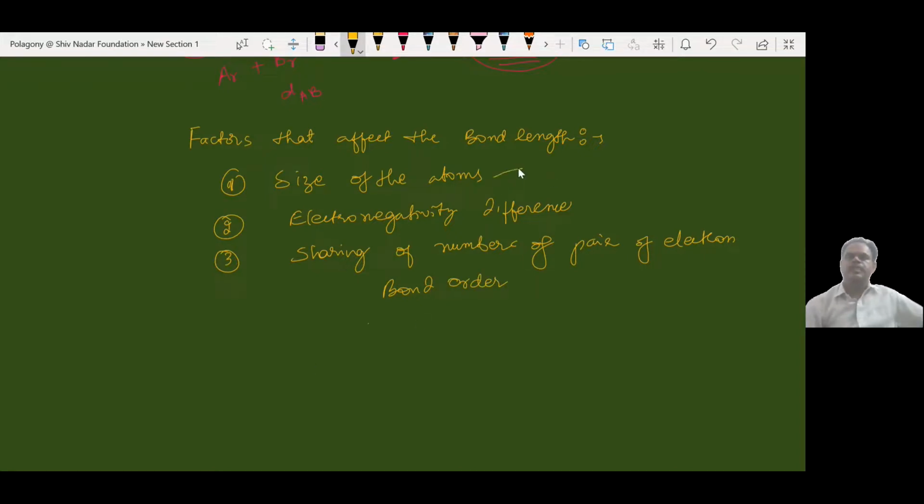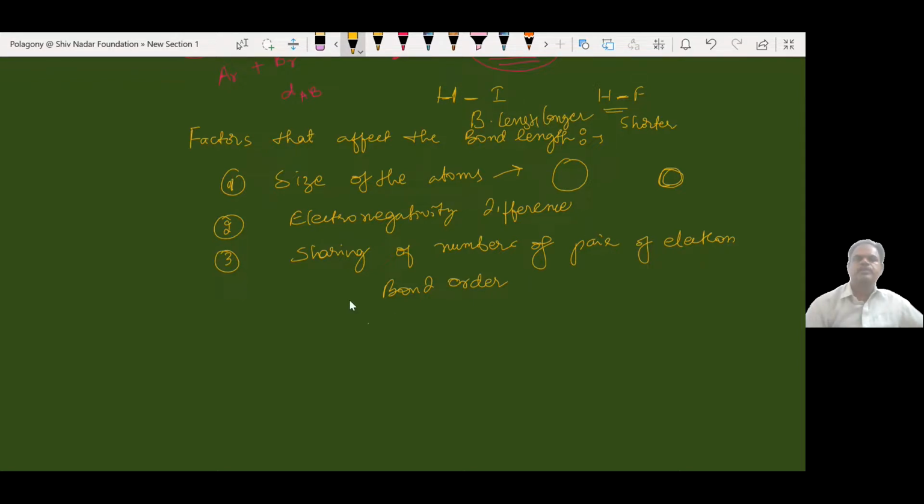Size of the atoms: if the size of the atom is bigger or smaller, always the small atoms will make the bond length shorter, and the bigger atoms will make the bond length longer. Example, HI bond length is longer, whereas HF bond length is shorter. This is the shorter bond length because fluorine is small in size and pulls the electron pair towards itself, whereas iodine's electronegativity is less, so the bond length will be longer.